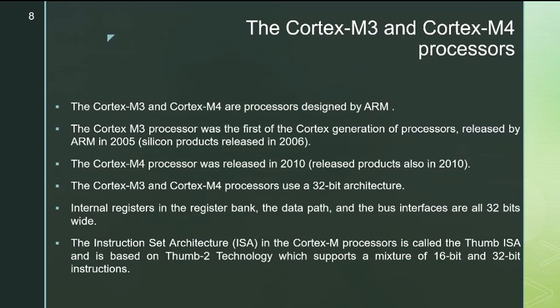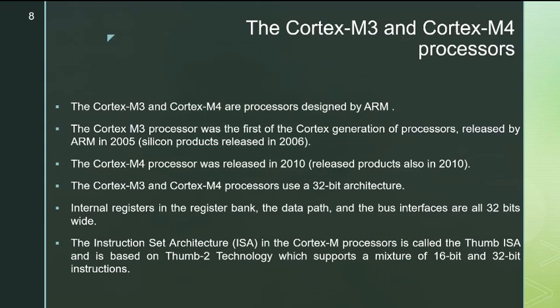The Arm Cortex-M3 and M4 processors are designed by Arm. The Cortex-M3 processor was the first Cortex generation of processors released by Arm in 2005. The Cortex-M4 processor was released in the year 2010. Cortex-M3 and M4 processors use a 32-bit architecture.